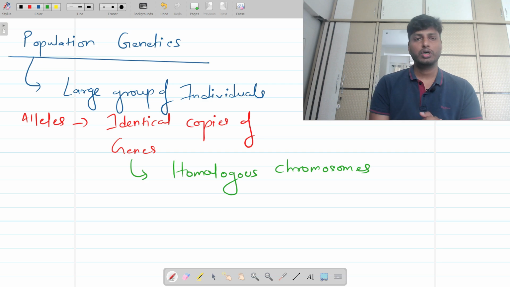If you know how to calculate allelic frequency of a population, it will be easier for you to understand and study the nature and characteristics of that population. So as a geneticist, it will be easier for you to study the evolution of that population. So let us understand how to calculate the allelic frequency.